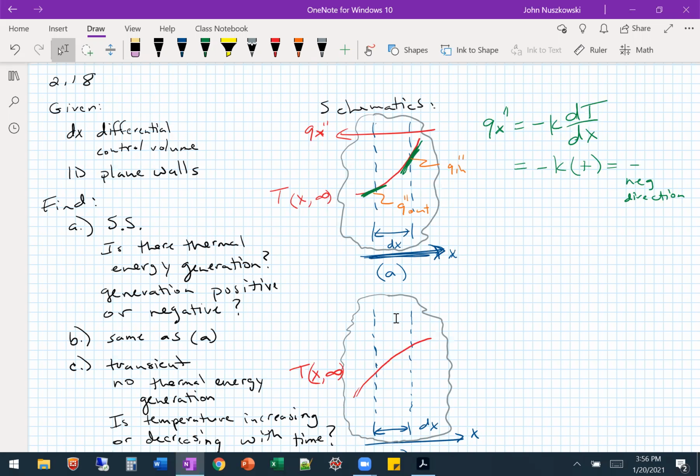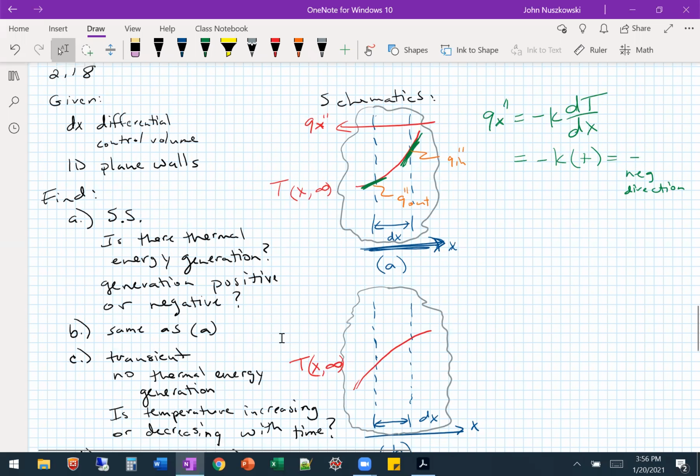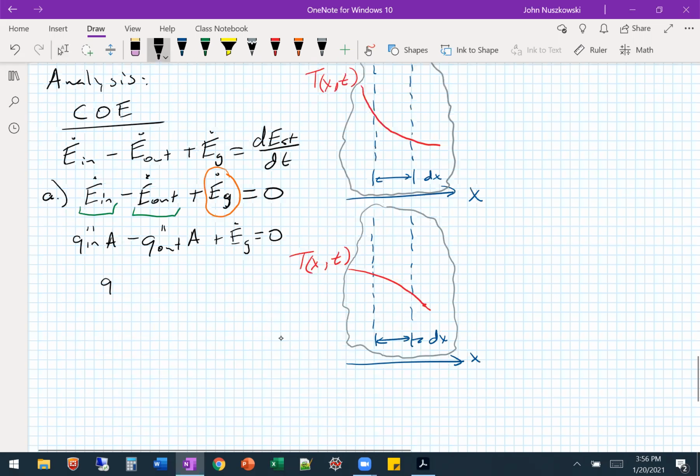Heat flux in is greater than heat flux out. All right, so we have then, so what does that tell us about energy generated? Is there energy generated? No. Does everyone agree with that?